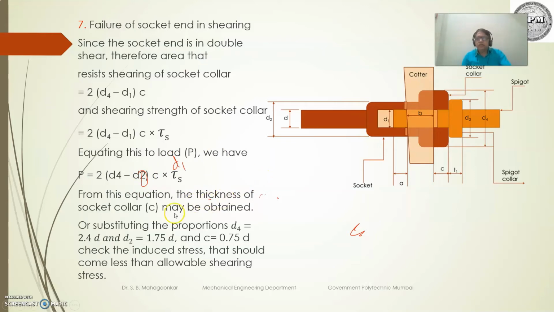D4 minus D1 into tau s, where D1 is the diameter D1. Or else, if you know these proportions, you just put them in, find tau s, and it should come less than tau s allowable. If it is not less, if it is more, then you find D4 by taking tau s equal to 0.5 SYT upon factor of safety. You take that allowable stress value and find the dimension D4.